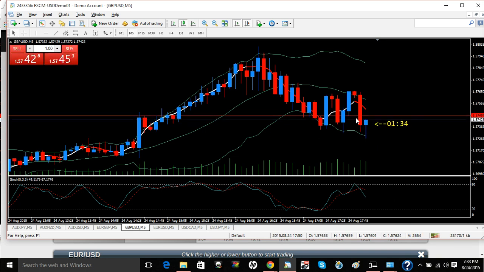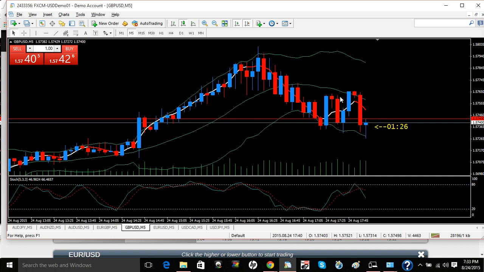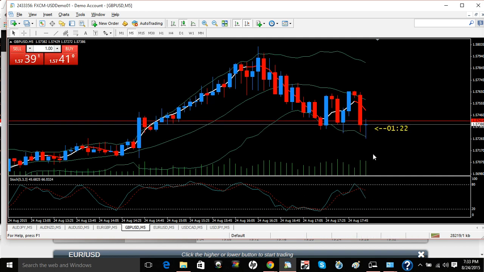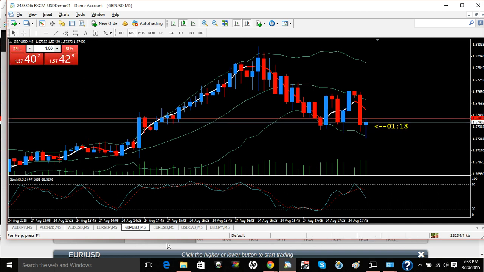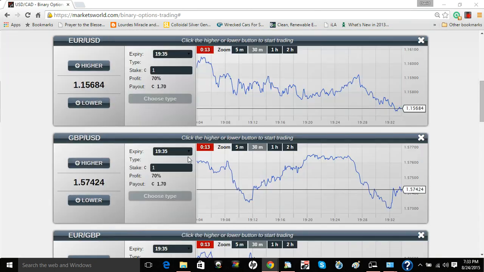So I'm going to assume that this is going to be a downward trend. And as you can see, this has been steadily going down, even though it shot back up some. Most likely it's going to shoot back down. And pound USD, that'd probably be a good time to trade actually in a downward direction. I'm going to go ahead and place a trade for pound USD.